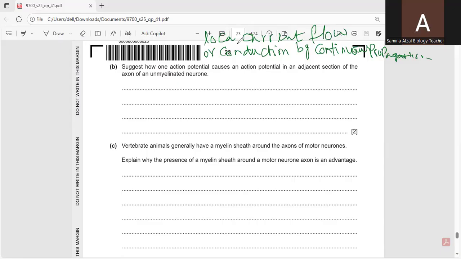Now we have to give two suggestions only. The first is that it takes place by local current flow. I think we write down the sequence.